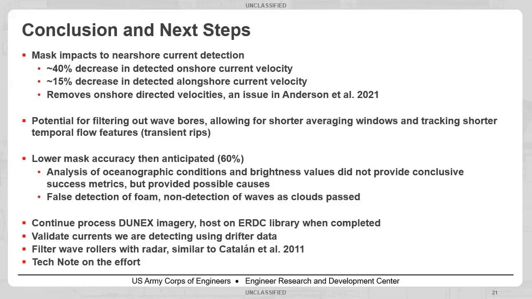If we're able to filter the waves with the machine learning algorithm, we might not have to do these WAMs that are twice the wave period. We might be able to do more of an instant, or maybe a 2 or 3 second moving window, because the only noise at that point will be the static spatial noise you get from any algorithm using optical flow, which can, again, be smoothed out.